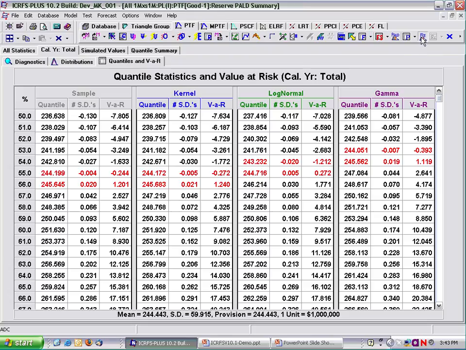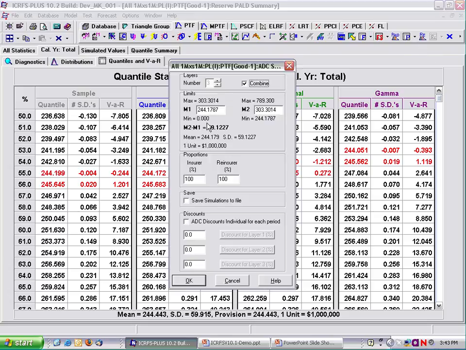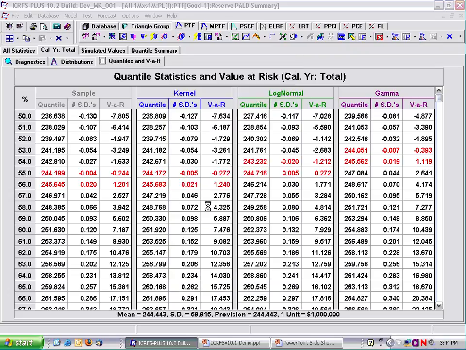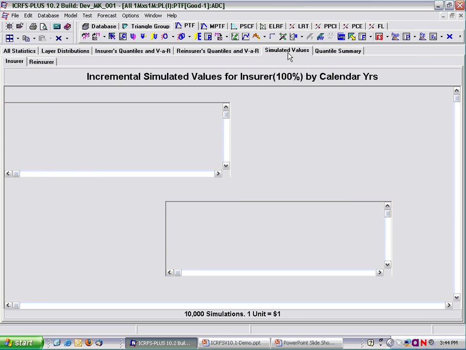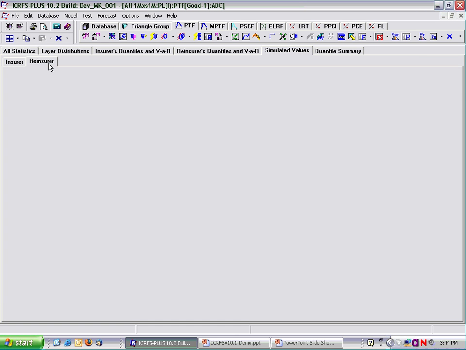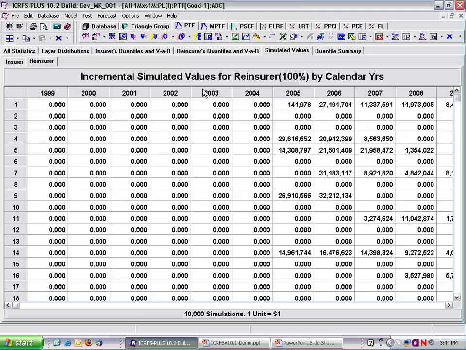And then you can also do your reinsurance with 2 attachment points. You might only decide to have 1 attachment point, and so on. There's a lot of different configurations here. The proportions taken by the insurer and reinsurer do not have to be 100%. So these are the tables you get. You've also got the simulated values for insurer, reinsurer.